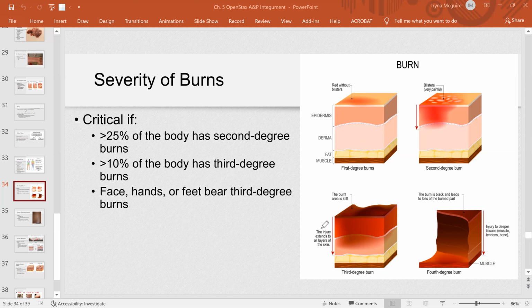Third degree, the injury extends to all layers of the skin. So you can see the entire dermis damaged, and fourth degree when we get to the muscles and tendons and bone, right? That's very, very deep damage.